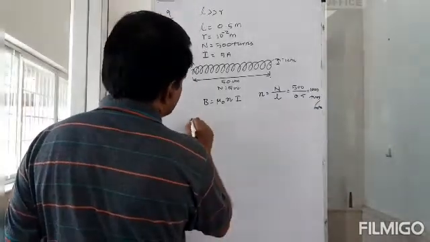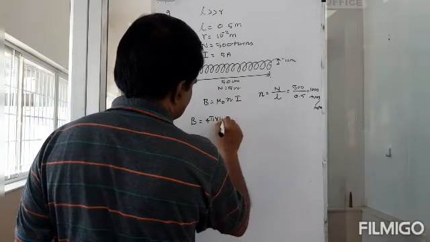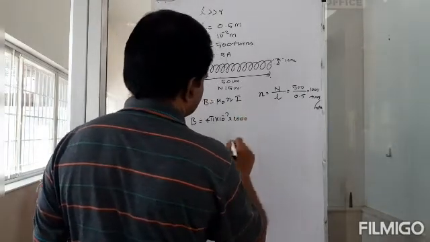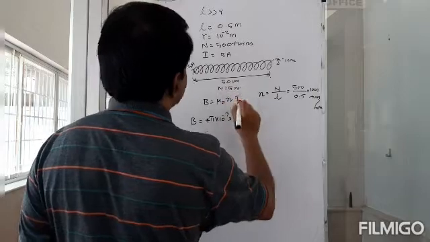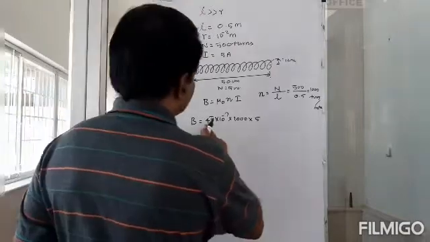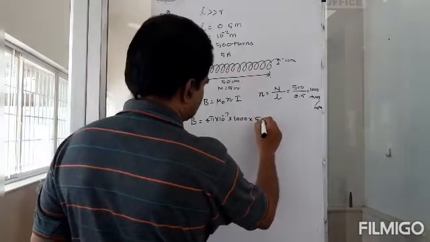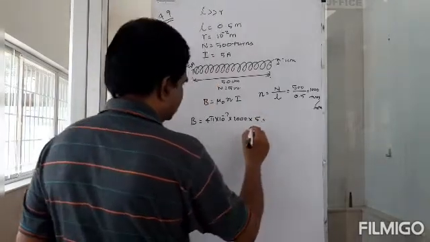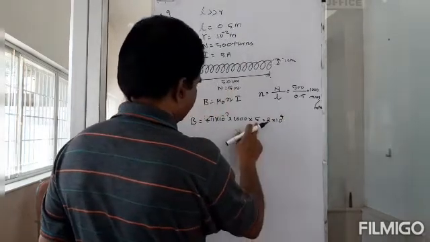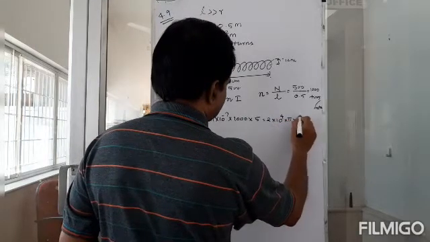Now B is simply mu naught, which is 4 pi into 10 power minus 7, into n, which is 1000 turns per meter, and then the current is simply 5 amperes. So what are you going to get here? 4 into 5 is 20, 20 into 1000 is 20,000, so that is 2 into 10 power 4, into pi into 10 power minus 7.